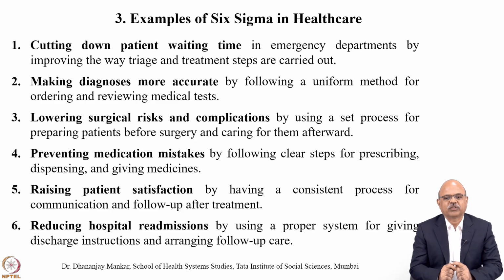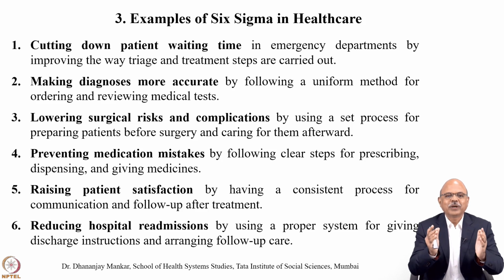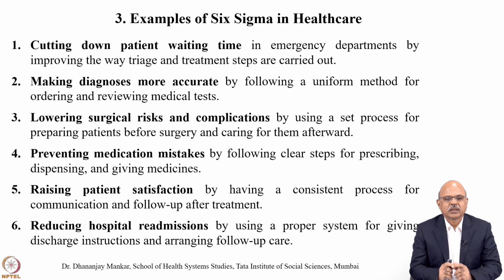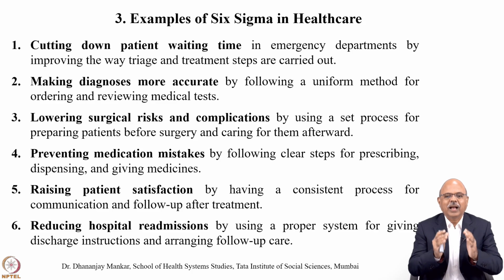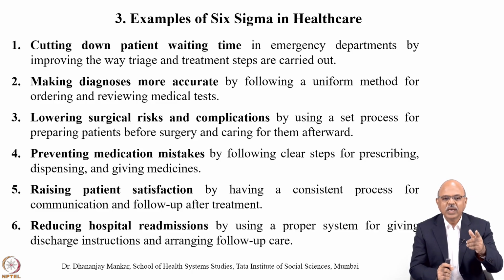Raising patient satisfaction, where you now find the involvement of the patient is also being seen, by having a consistent process for communication with the patient, to understand the patient and to follow up after the treatment, where the entire involvement of the patient is seen, and where you can find the way to improve patient satisfaction.